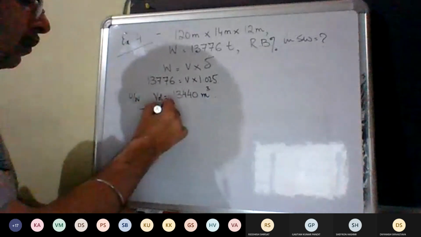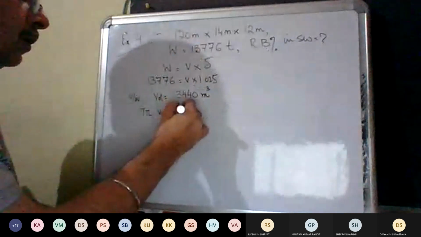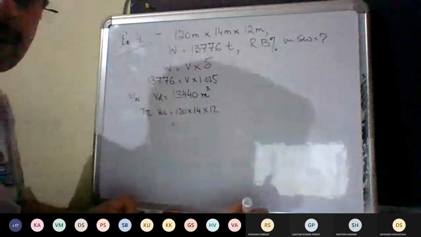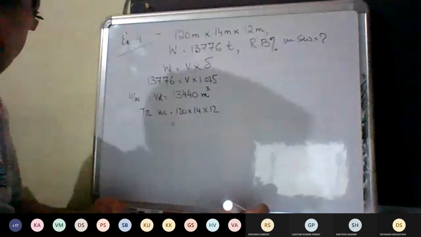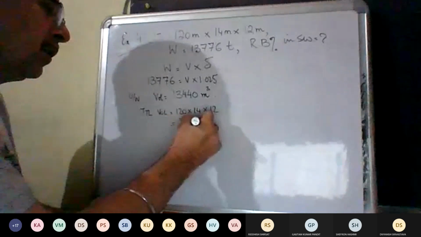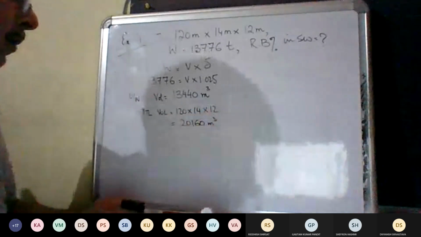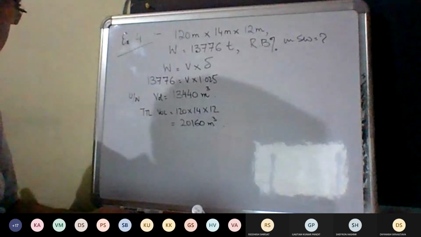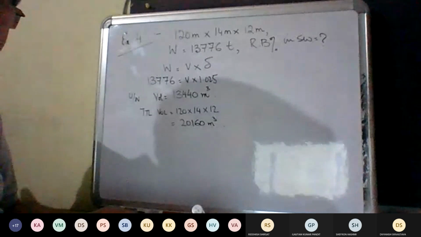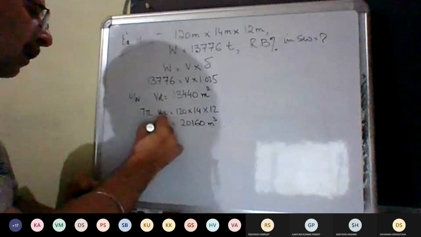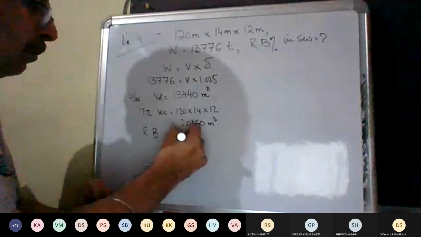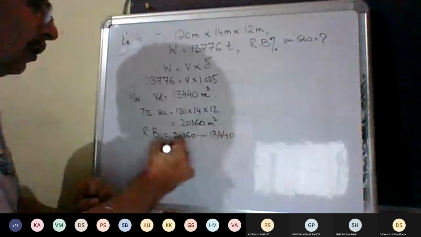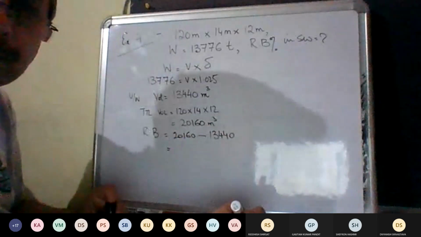My total volume is 120 into 14 into 12. So the volume above the waterline, that is reserve buoyancy, is total volume minus underwater volume.